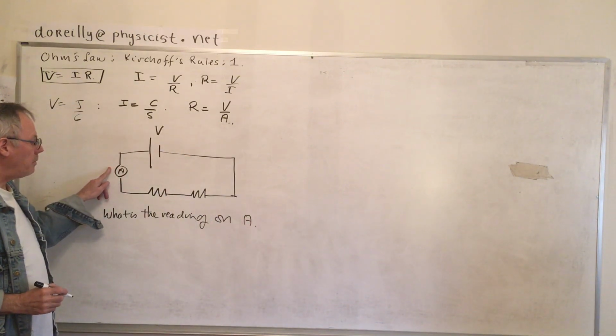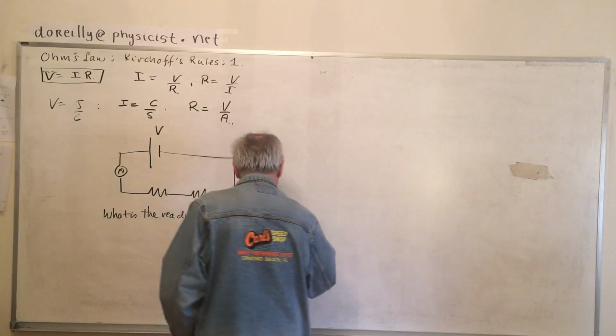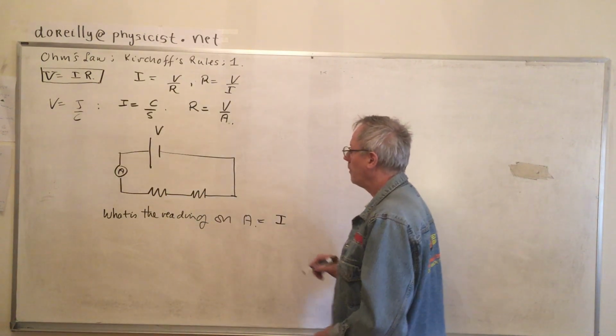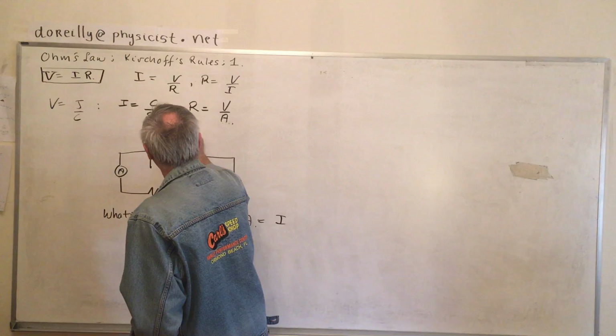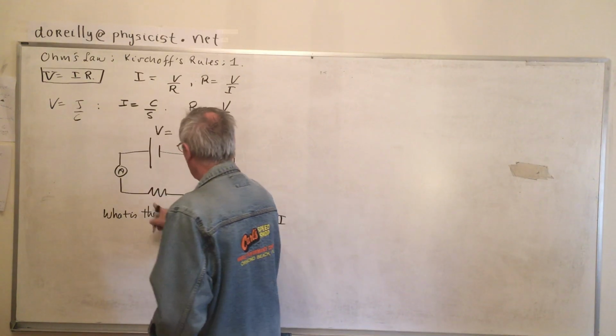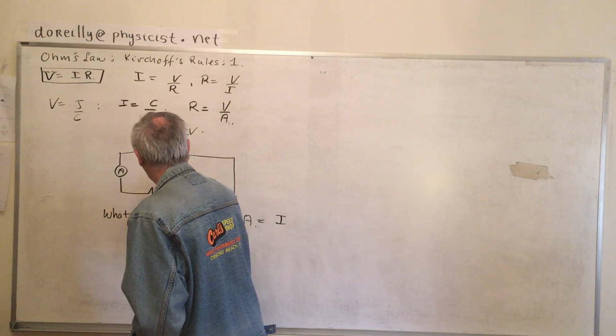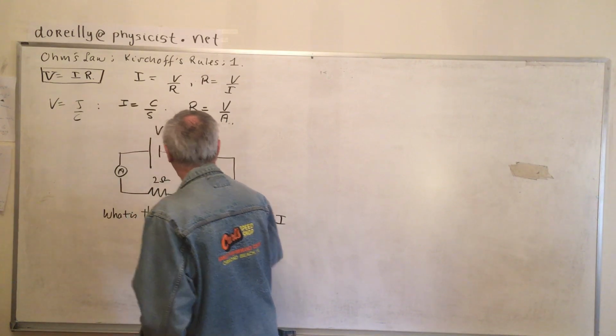Now what's the reading on the ammeter? The reading on the ammeter is the current. Now let's say that the voltage is 12 volts and that these two guys are 2 ohms and 2 ohms.